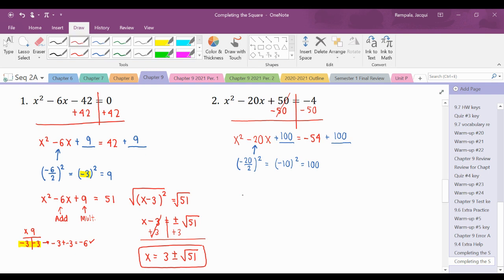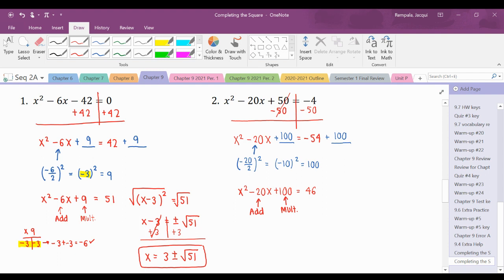So now we have x squared minus 20x plus 100, and that's going to equal, if I add negative 54 and 100, 46. Now I can factor. So once again, we're asking what is going to multiply to the last number but add to the number in the middle.